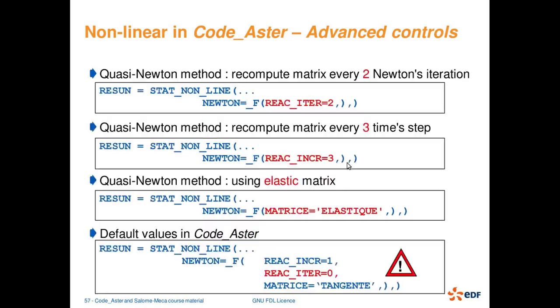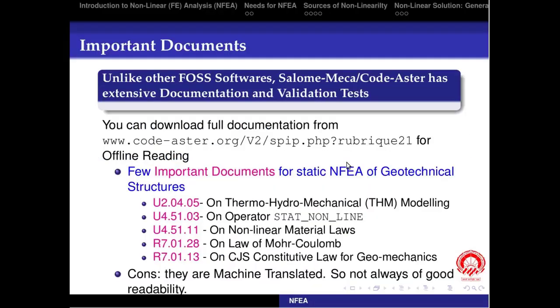So we need to be careful while using those machine-translated documents, but still the documents are very much useful, as my experience says, except that here and there some wrong translations are there. Of course, they are not very readable. The English language is not very good in all the cases. A very artificial kind of English is written. But still, without documentation, we will not be able to use the software appropriately. And so reading the documentation is a must, in fact.